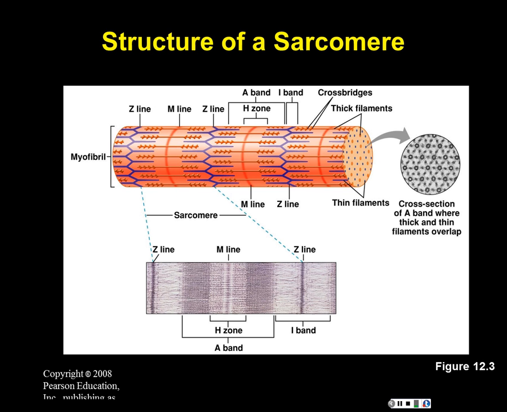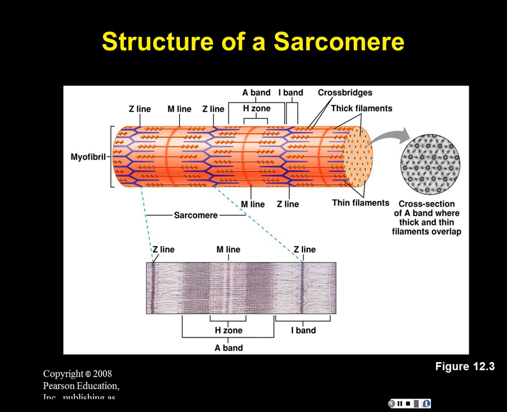We have another image of the sarcomere. If you want to make reference to figure 12.3 in your textbook, in the first part of the image, you can see an artistic representation, and the image below is an actual transmission electron microscope image to illustrate that this is legit. Here we've got image data to support it. This is a really exceptional image.